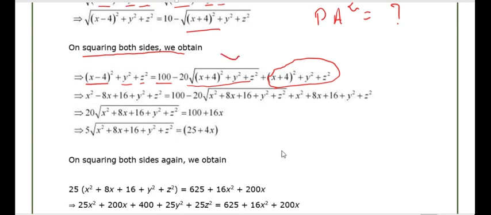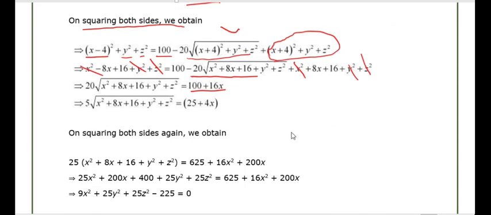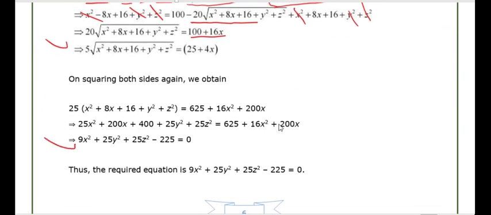So if you want to remove this under root, then one more time I will square. In that case, this term I will take on the left hand side, and the remaining terms I will arrange on this side. But fortunately, x square cancels, y square, z square also cancel. Simplify, you will get this much only. Then squaring on both sides once again, you will get your answer.